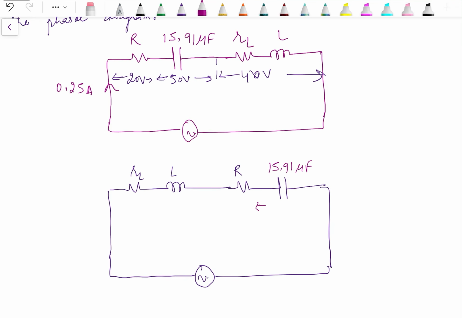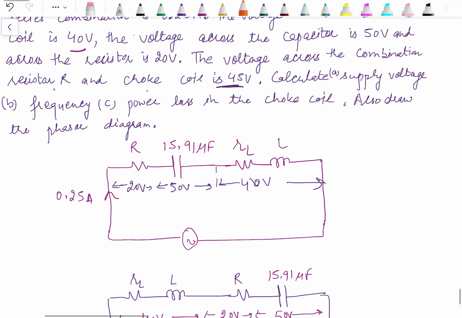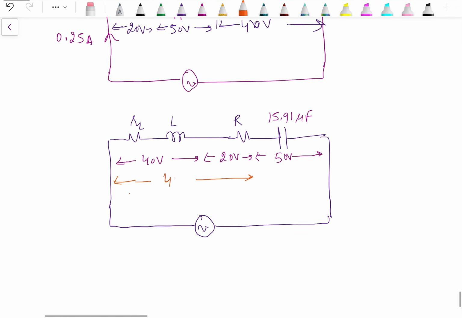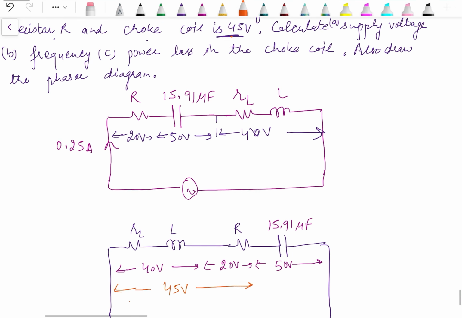The voltage across this capacitor is 50. Across the resistance is 20 volt. Across the choke coil 40 volt. And across the resistance and choke coil is 45 volt. This one is also given.